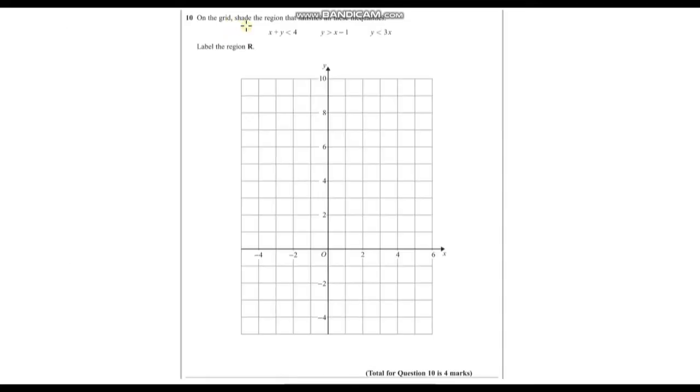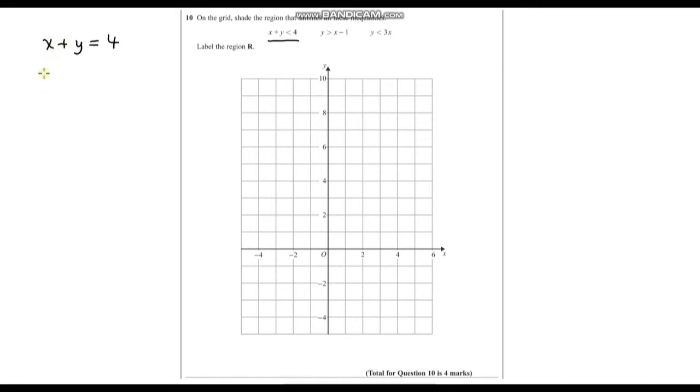Question 10. On the grid, shade the region that satisfies all these inequalities and label the region R. Now, the way I like to do this is just to focus on one of them first and treat it like an equation. So let's draw the line x plus y equals 4. What would that look like? Just to make things easier, we can rearrange this to put it in y equals mx plus c form.